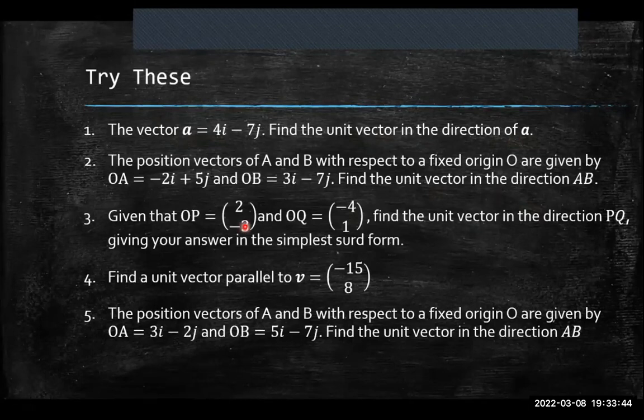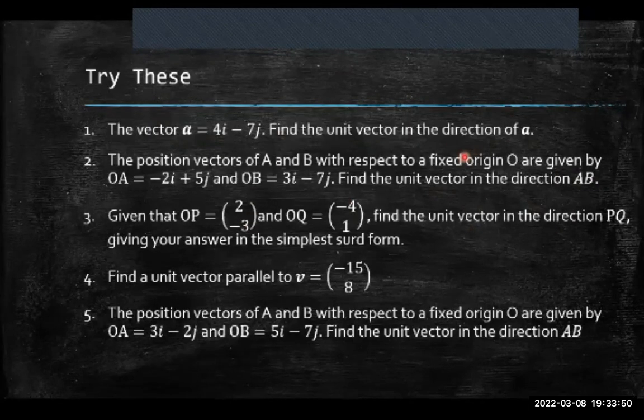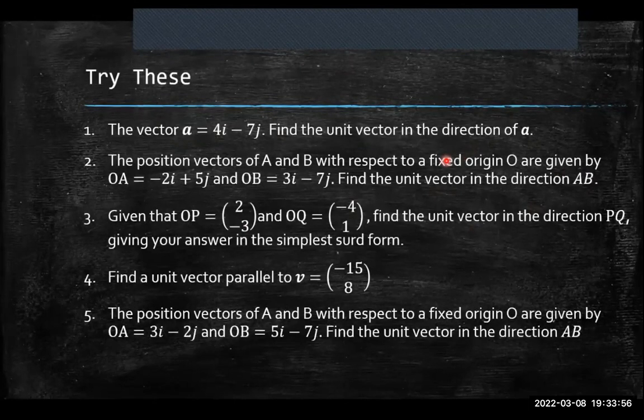For this one though, they asked you for the unit vector in the direction AB. They did not give you AB, but they did give you information so that you can find AB. So that's the first thing you need to do, right? For this question, you need to find AB, and then you'll be able to find the unit vector in the direction of AB.